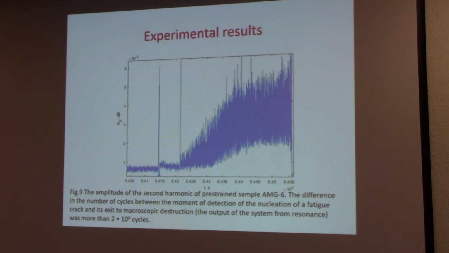So that's why the crack was formed inside the material. Then we put the specimen back in the setup and started it, and we see how the second harmonic is growing up, and we connected this growth with a growing crack inside the material. And then the crack goes to the surface and crashes the specimen.